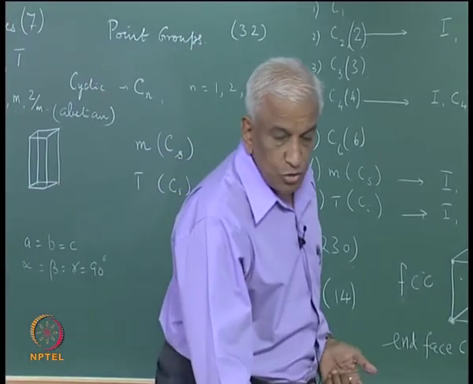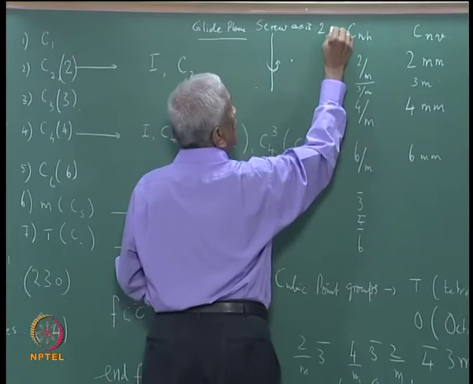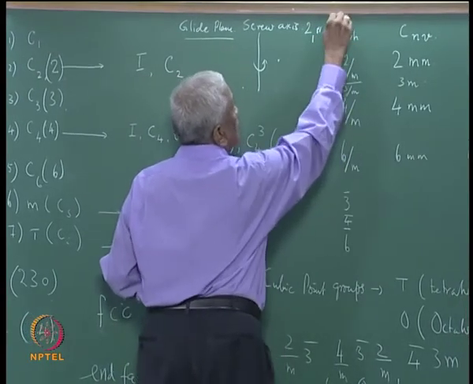So, in the case of a two-fold axis, we can have a 2-1 screw or a pure rotation axis, two-fold axis.